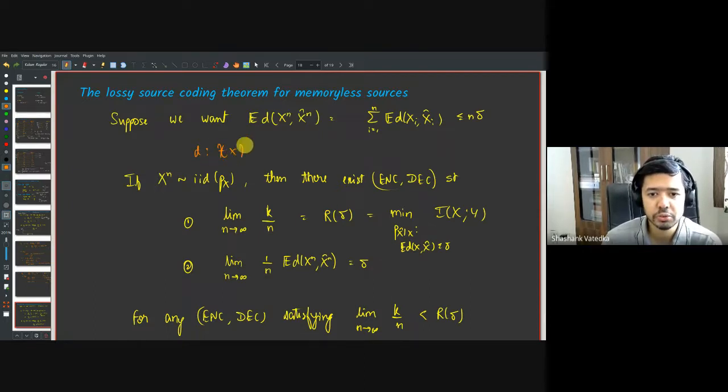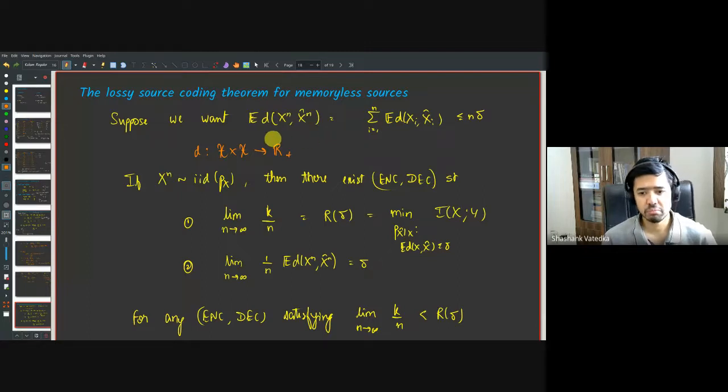It takes two inputs, the input symbol and an output symbol. For example, just think of this distortion as maybe the mean squared error between the input sequence and the decompressed sequence. Okay, so that's the distortion function.